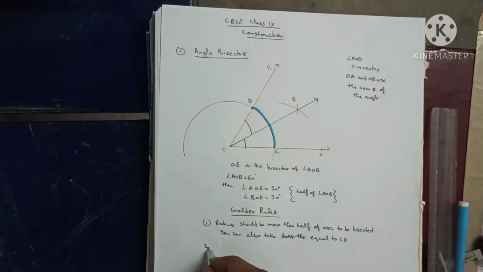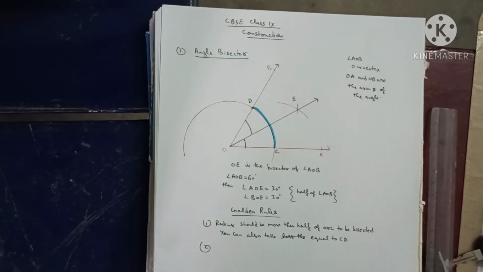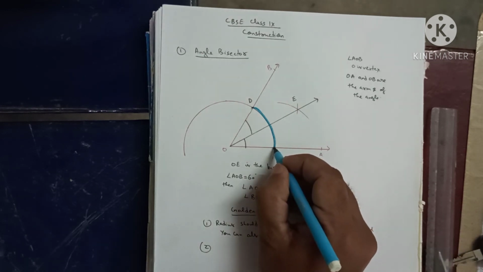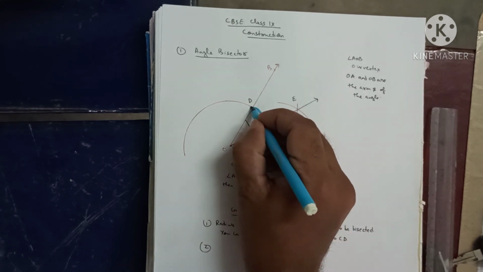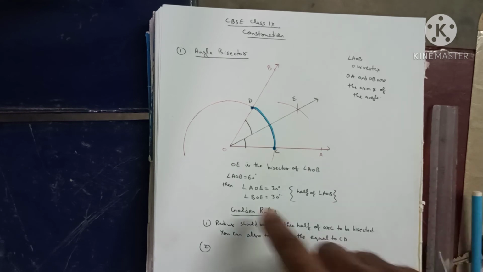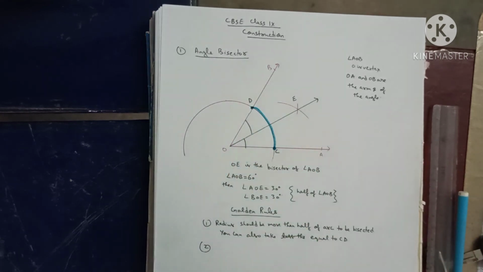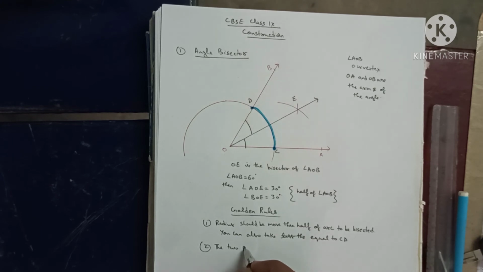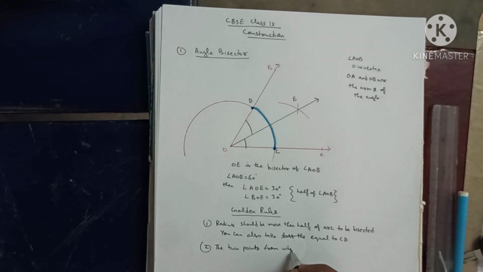The second point is that when you are drawing the arcs, the two points from which you are drawing the arcs should lie on the bigger semicircular arc.